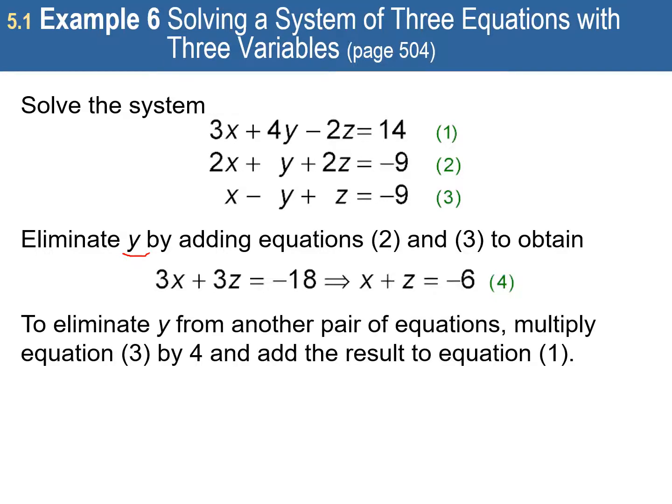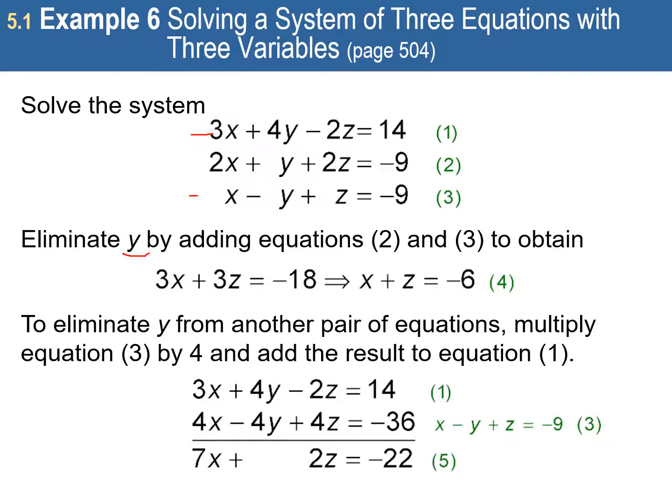So if I multiply equation 3 by 4, and I add that to equation 1, that will give me another equation, 7x plus 2z equals minus 22. So I have equation 4 and equation 5, which are in terms of x and z.